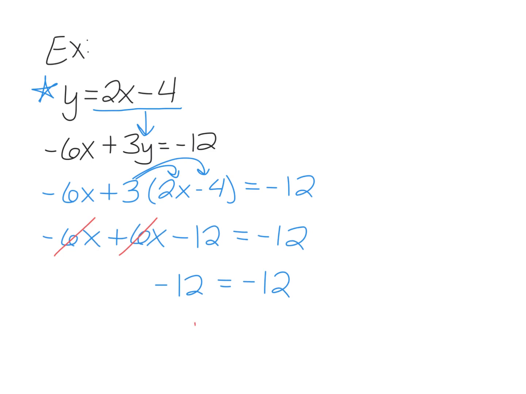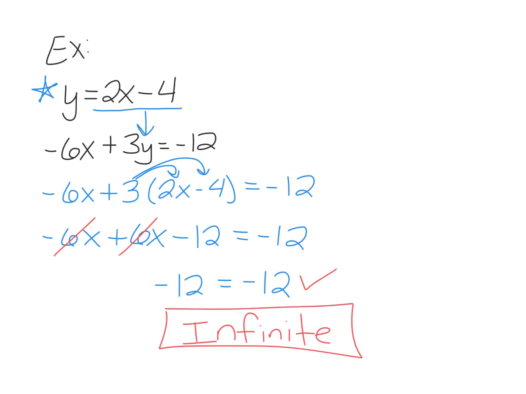So we would get infinite solutions. If you come out with a true statement at the end, you have infinite solutions, because no matter what number you plug in for x, it's going to work out. So you're done. That's all you have to do on that one. You don't have to go through step 3 or step 4 on this one.